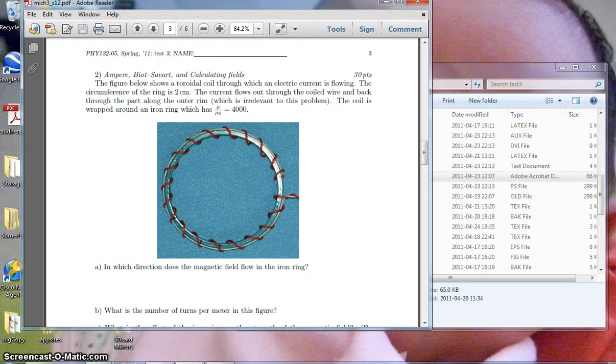Might talk about it in class, but you actually have the tools to solve this already, even though you haven't done the exact problem. There is a twist in here that I wouldn't ask you, and that's about the insertion of the metal in here. I talk about wrapped around an iron ring. Everything so far has been around an air core. So technically this goes a little further than what I could ask, but it's a pretty similar question to what I might think of.